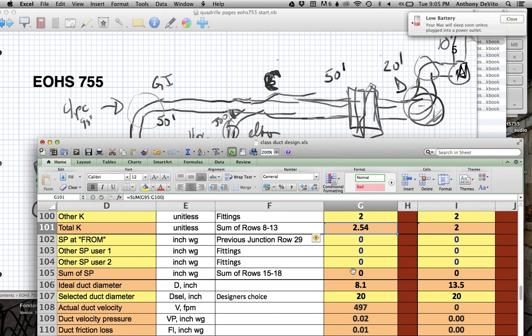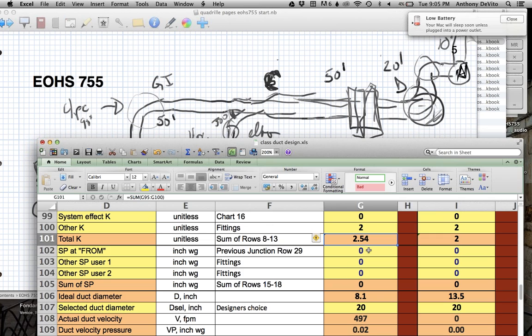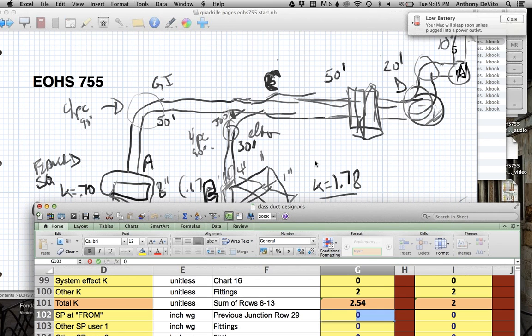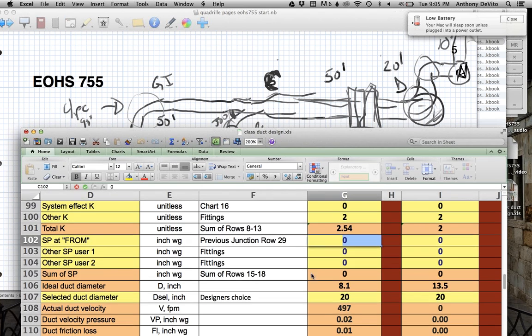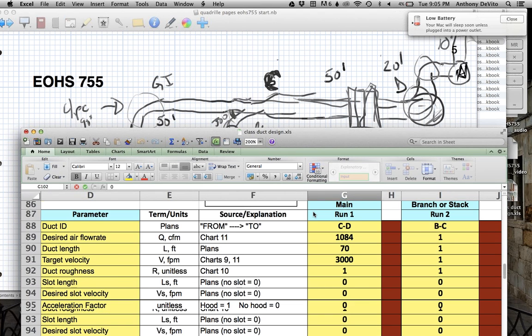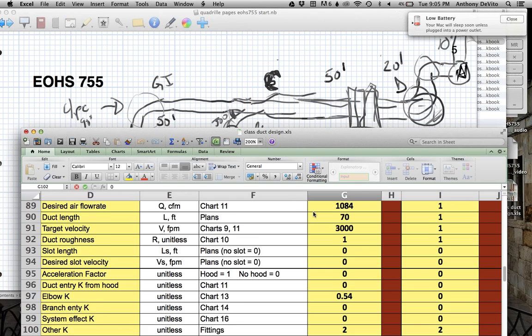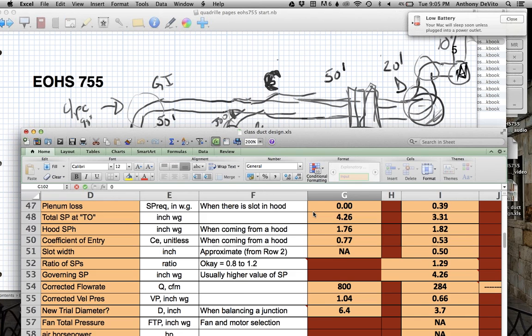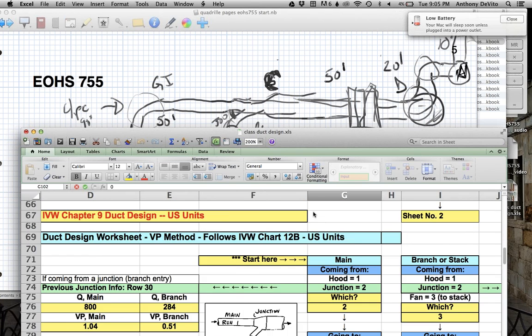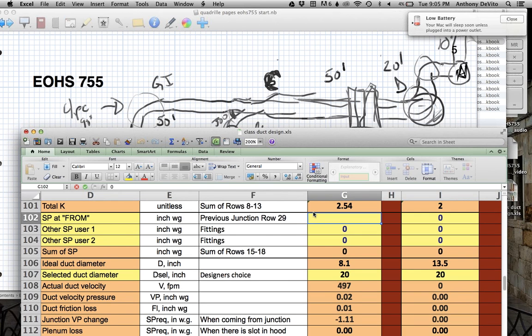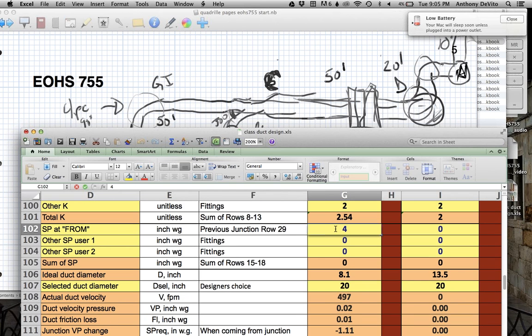Had he given us the static pressure, we would have put it here at static pressure. The static pressure from is how much? You guys remember what the governing static pressure was before? Was it 4.26? Do I need to go back up there to check? Okay, 4.26. So the static pressure from is 4.26.